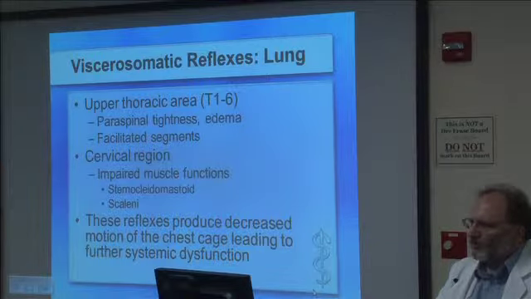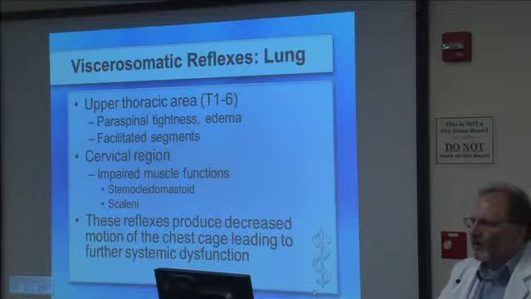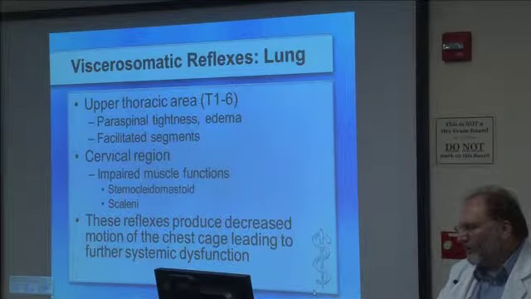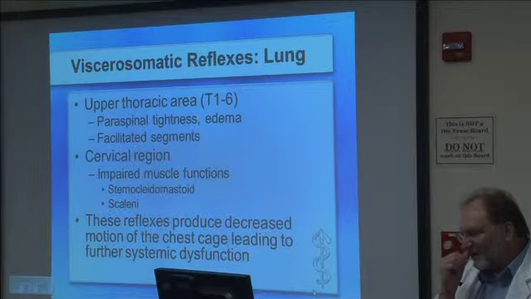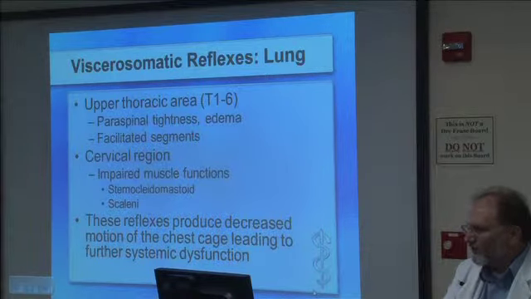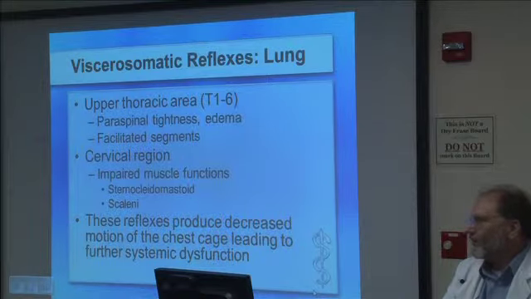So what you're doing is you're decreasing the output from the spine into that particular area that's already having problems. So again, also the impaired muscle function in the sternocleidomastoid and scalene muscles is oftentimes appropriate with accessory or axillary muscle use for asthmatics or people with COPD.